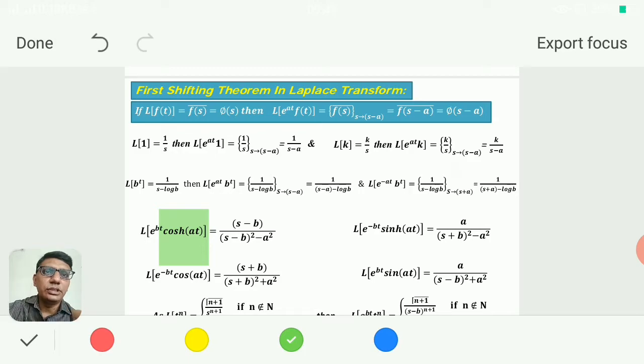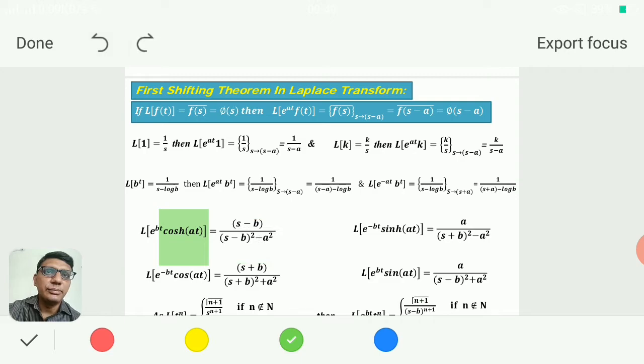Here we know the Laplace of cos hyperbolic at is s upon s square minus a square, and it is multiplied with e raised to bt, so we just replace s by s minus b in this formula. We get s minus b upon s minus b whole square minus a square. So we get this formula for the first shifting property of cos hyperbolic at.